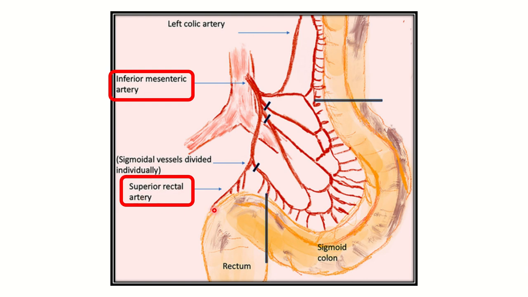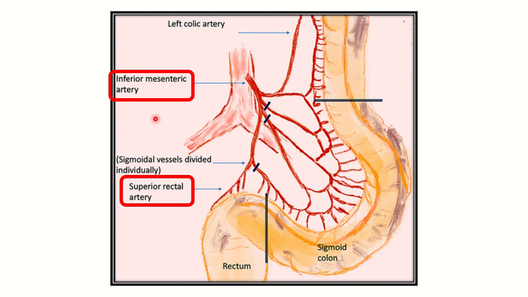If we go upward, the superior rectal artery forms another trunk, joining with the artery supplying the sigmoid colon, and it goes upward. This large trunk is the abdominal aorta, and this artery originates from the abdominal aorta.